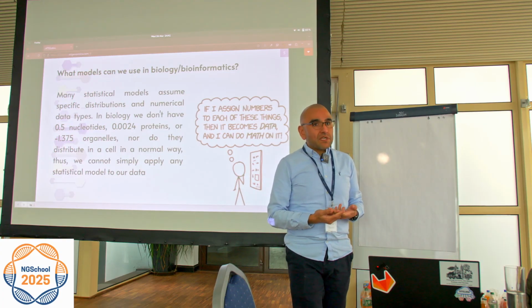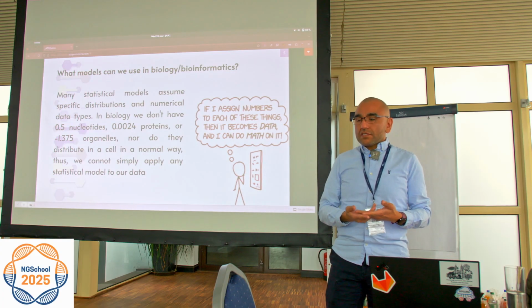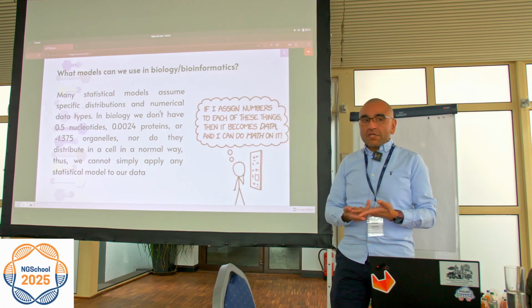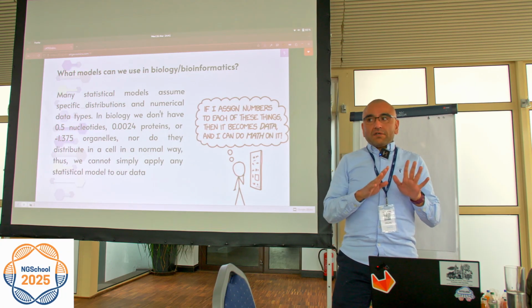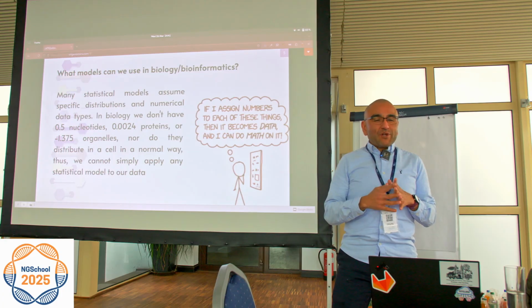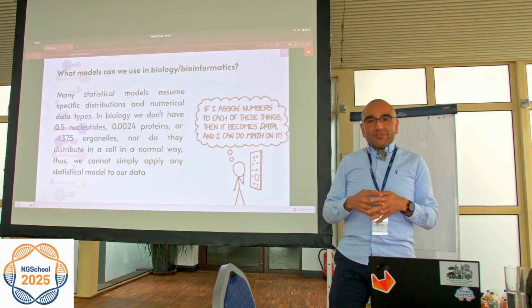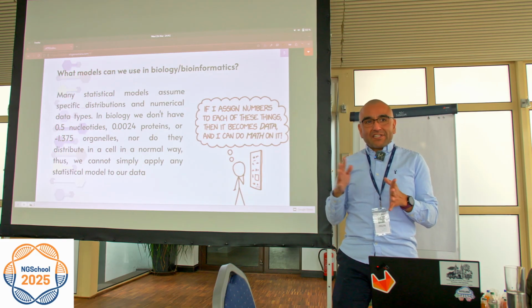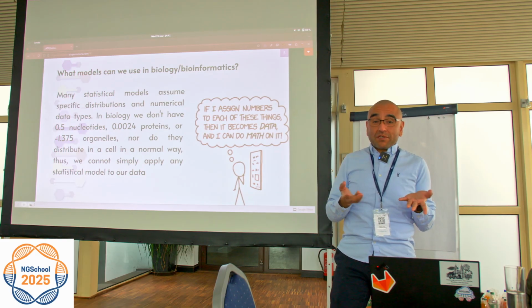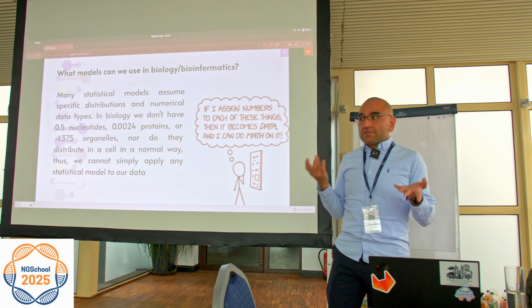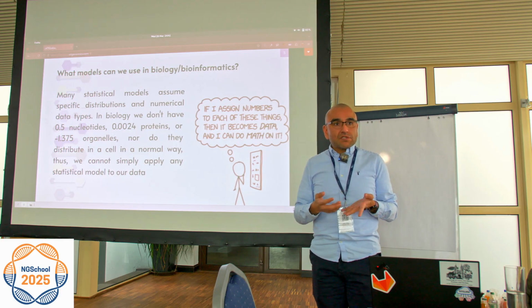Also, importantly, they don't distribute normally inside the cell or inside an organism. Therefore, whenever you see someone coming up with a t-test for comparing two distributions, you probably suspect that their data might not be very well presented, because in biology, it is very rare to observe a normal distribution of something.